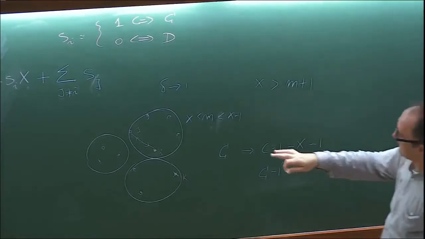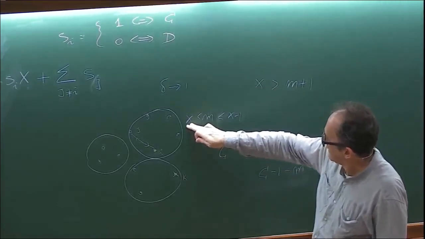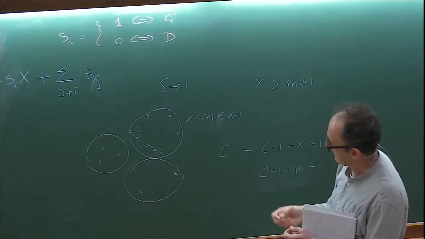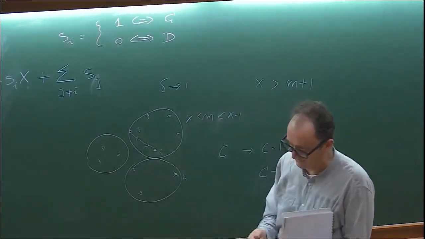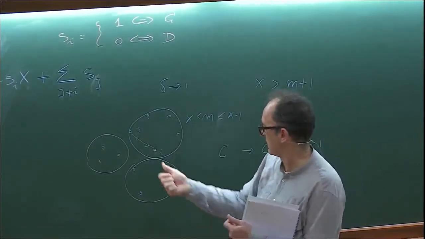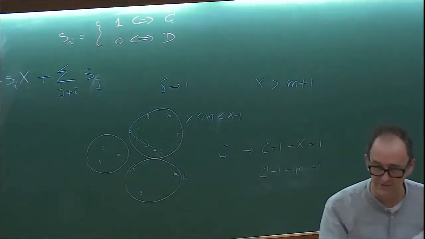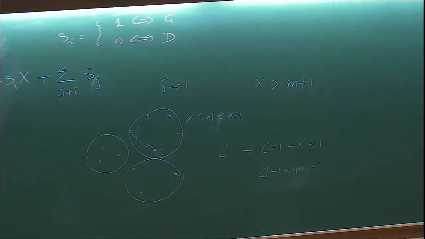So you see that, say, if X is equal to 1, you have that in this society, cooperation is sustained by a couple of people. If X is between 2 and 3, cooperation is sustained by triples. If it is 4, etc., etc.